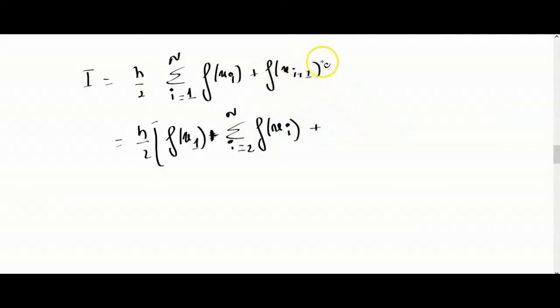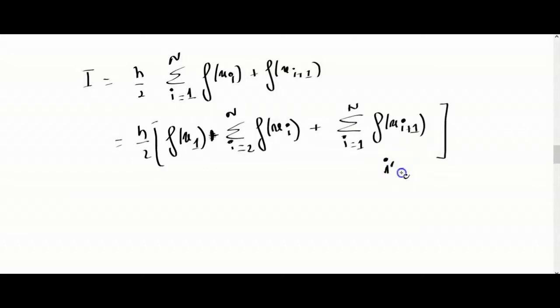And now in this second sum, the sum of f of xi plus 1 for i equals 1 till n, I will put the last term out of the sum. But before putting the last term out of the sum, I will make a change of variable.